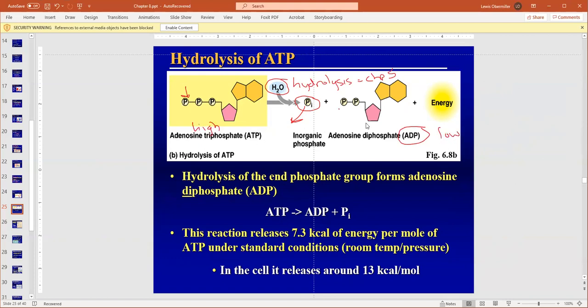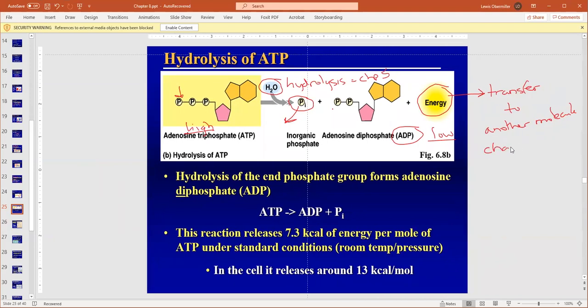And remember that first law of thermodynamics, we can't create or destroy energy. So if this is high and this is low, that energy has to go somewhere. And we usually transfer it to a molecule. And that changes its shape. So we can do work.